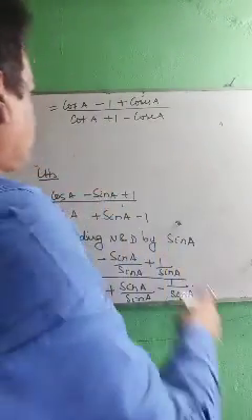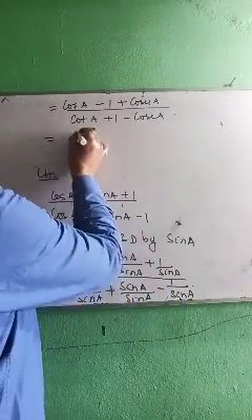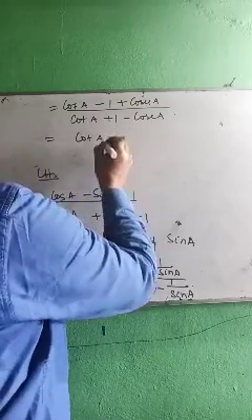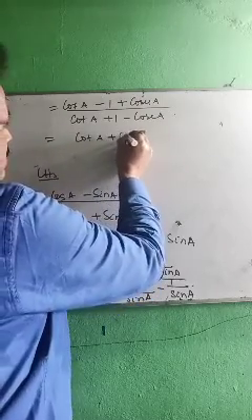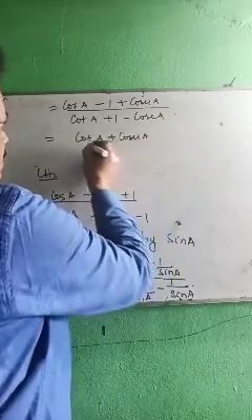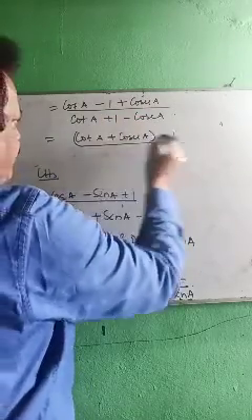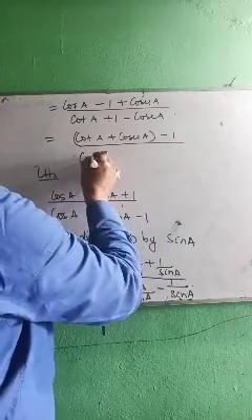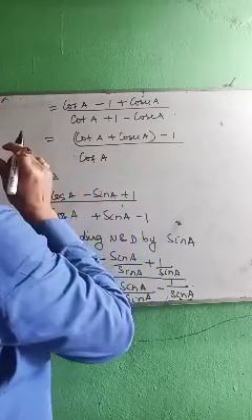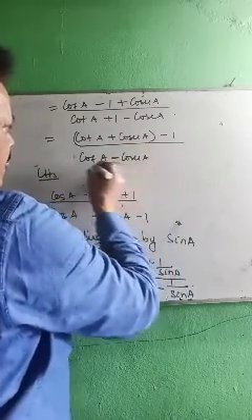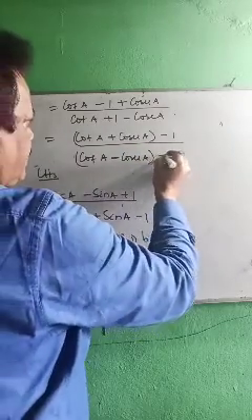Okay, so what did you get? This is cot A plus cosec A minus 1, divided by cot A minus cosec A plus 1.